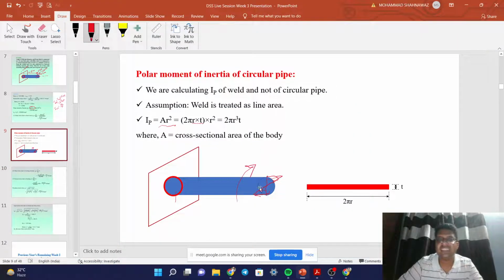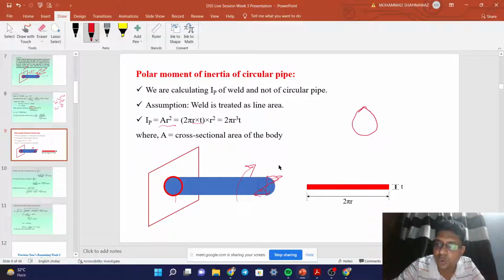Actually, when you see this diagram, we were talking about this cross section, which is the circular cross section, and this is the twisting moment which was acting. So we have made this diagram for this twisting.